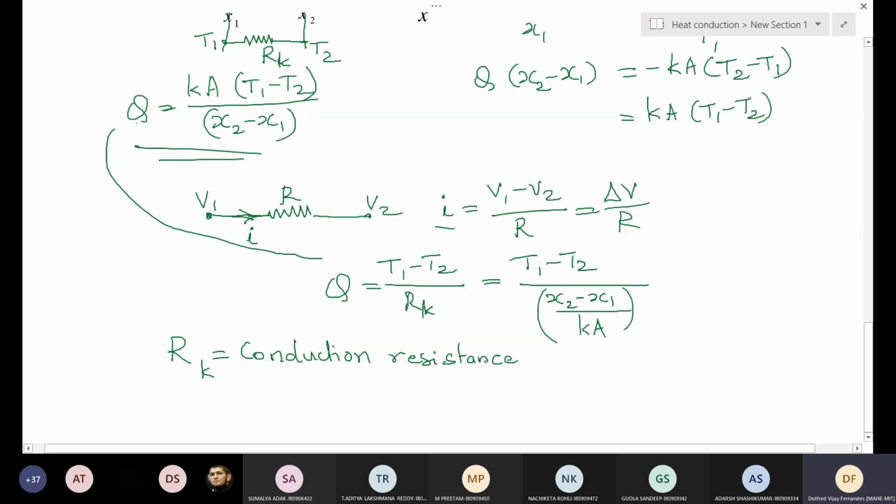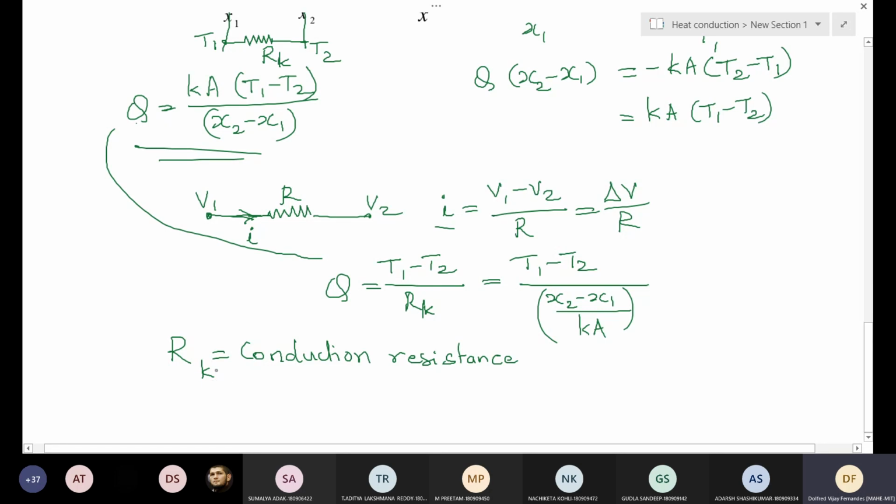Why do I use K? Because later we also have the surface resistance for convection. That will come, and for that I use RH, so that I can differentiate between conduction resistance and convection resistance very easily.